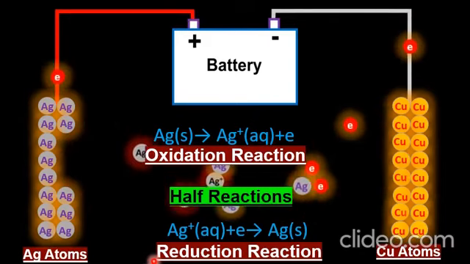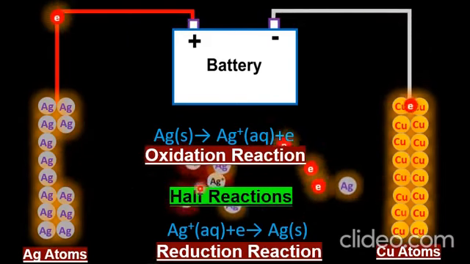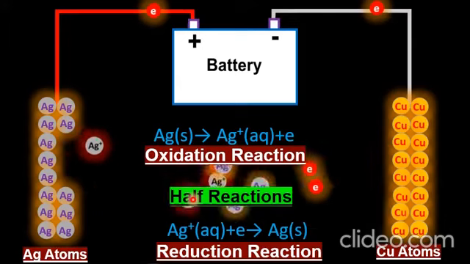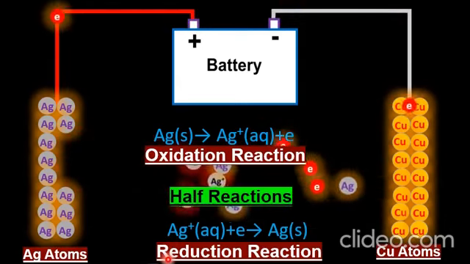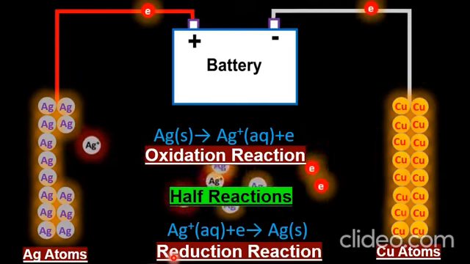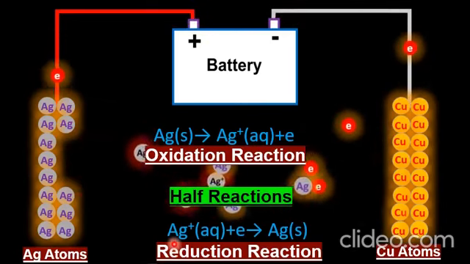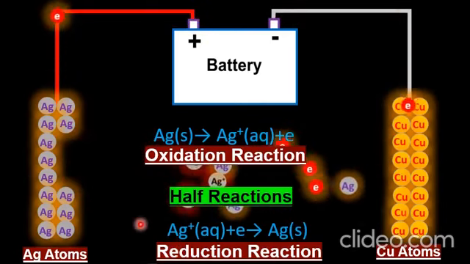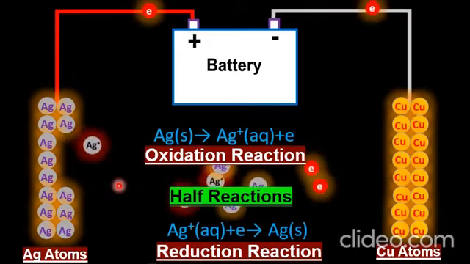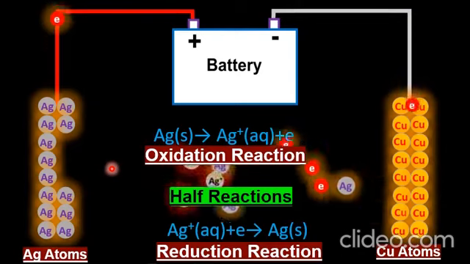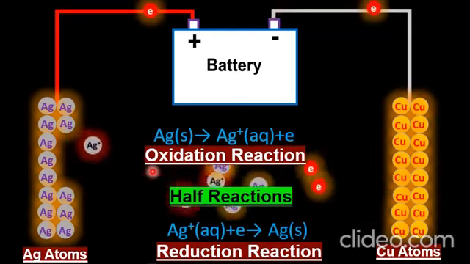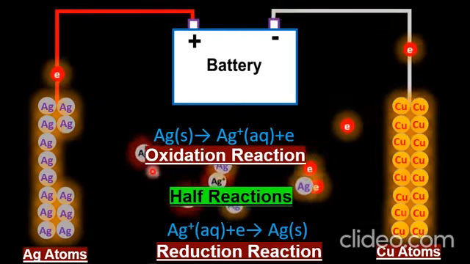Based on the oxidation reduction happening in the electroplating device, we can name the parts of the electroplating cell: cathode and anode.